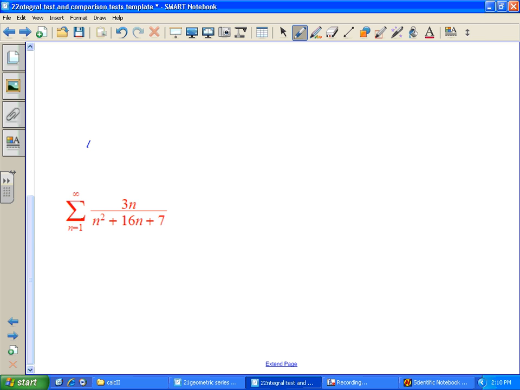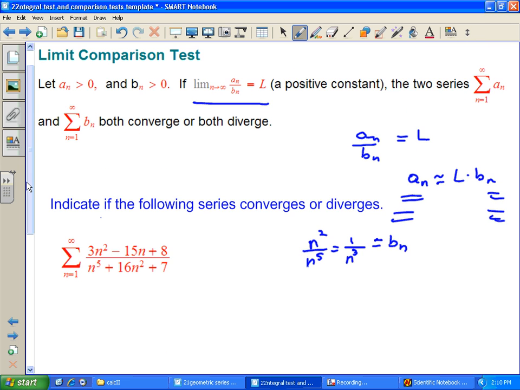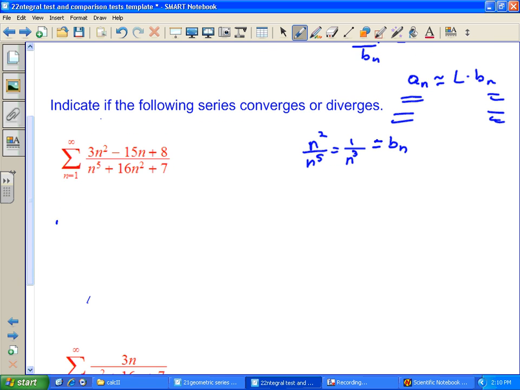Okay, let's go back to the first one, for instance, to do the writing. So we picked our b sub n. So we're going to compare this against summation 1 over n cubed. Now, the rule says take the limit of a sub n over b sub n. That's what I'm going to do. I'm going to take the limit of a sub n, the given series, divided by b sub n.